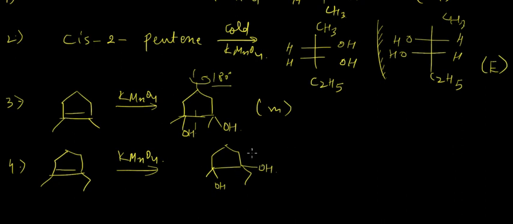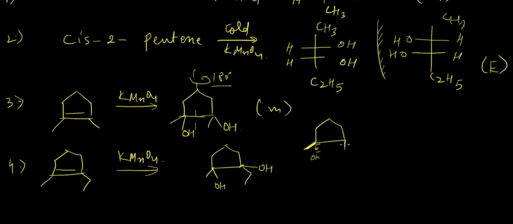So if we actually look into this carbon atom, it has 1, 2, 3, and all 4 groups are different. So we can actually have this OH and this OH.